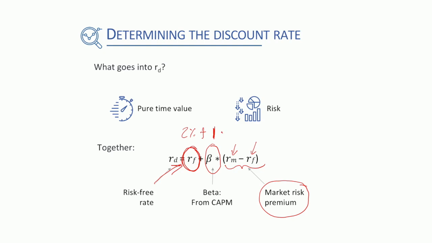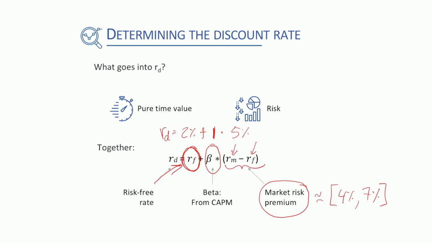There are different choices that you could make for your market risk premium. As I said, it's going to be roughly between 4 and 7%. Let's say that I use 5% here. Then we would say that the discount rate for this firm would be RD given by 2%, the rate that the US government pays on 10-year bonds, plus the firm beta, which in this case I just said it was an average firm in the market, times a market risk premium of 5%.